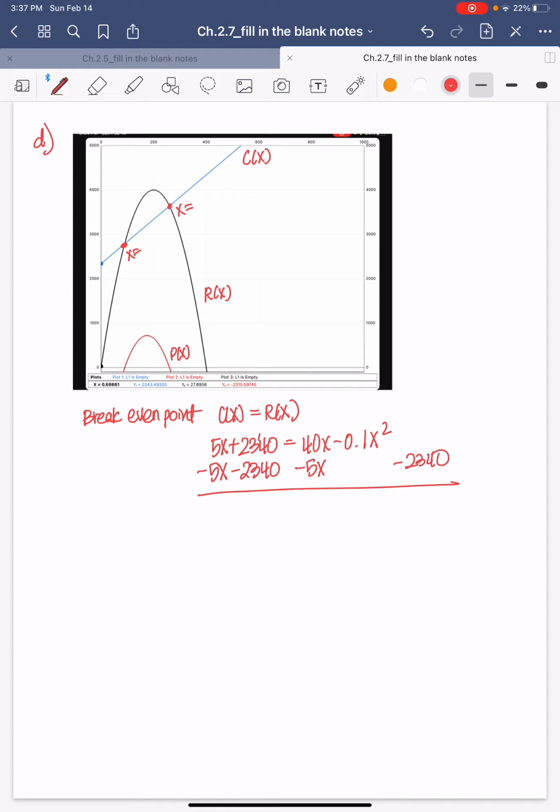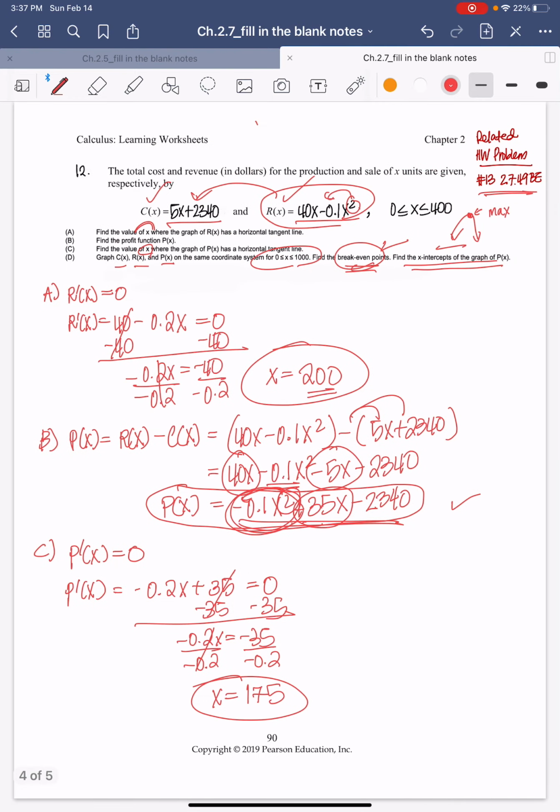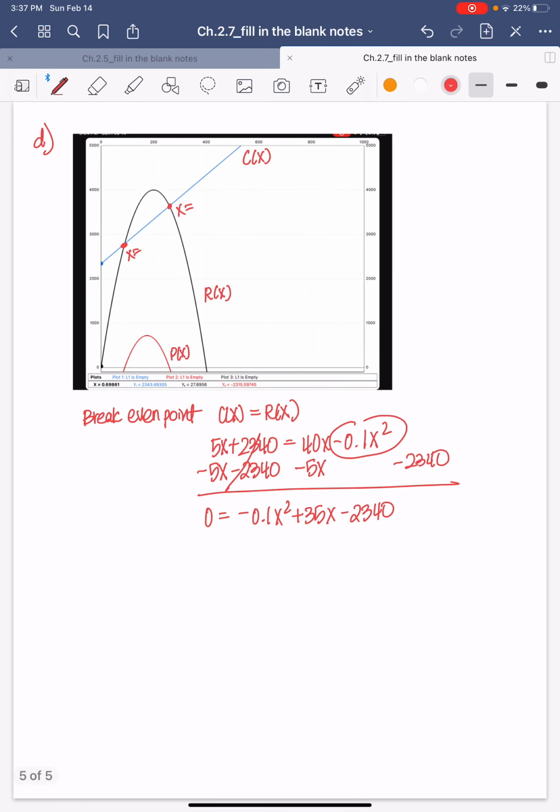So on the left hand side, I have 0. On the right hand side, I'm gonna write it in order, negative 0.1x squared, 40x minus 5x, that's gonna be plus 35x minus 2,340. Okay, and then I do not like this one.